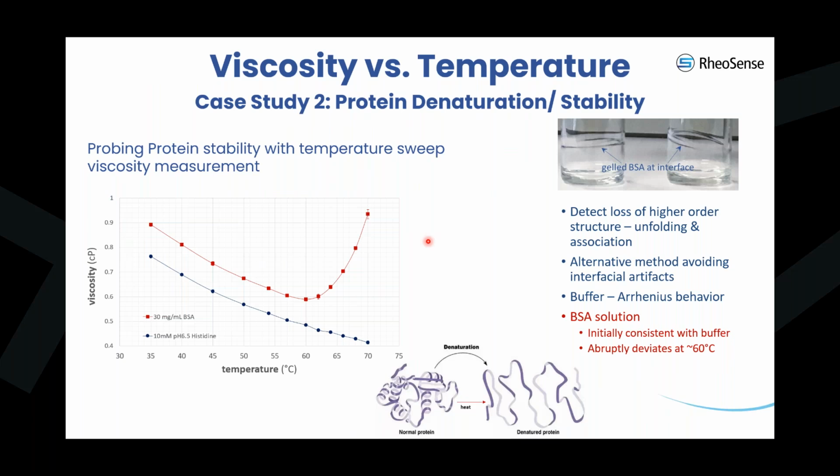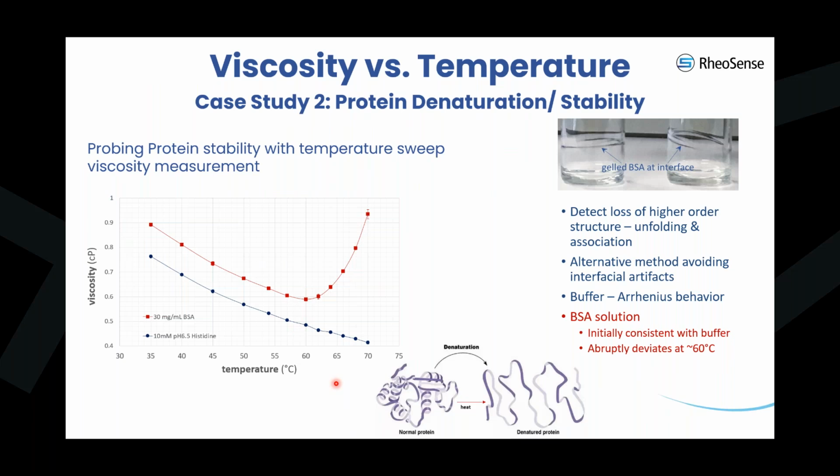Initially, both samples followed the same trend. Viscosity decreased gradually with temperature as expected. But at around 60 degrees Celsius, the BSA solution showed an abrupt deviation from the buffer viscosity. This sharp change in viscosity is a sign of protein denaturation.